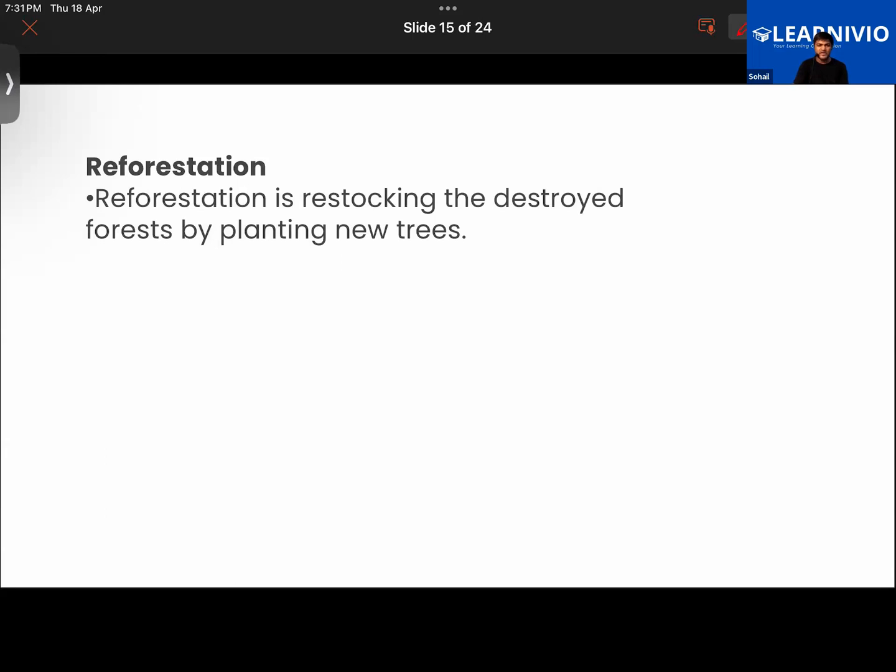Because their numbers are already low, and on top of it you are depriving them of their habitats by cutting down their forests. That's a double attack on that species. So reforestation basically aims at reclaiming the forest land.